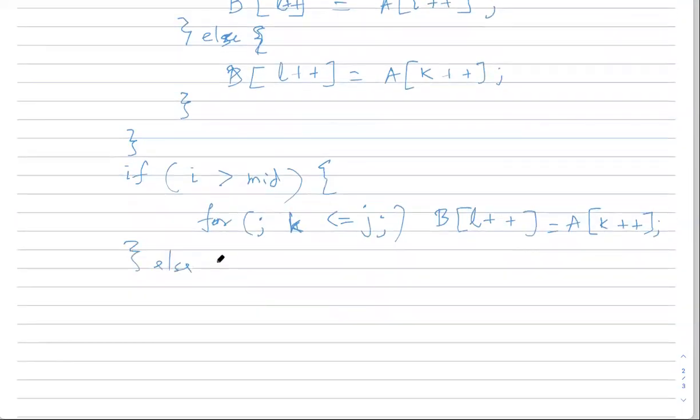Else you have for I less than equal to mid. So this is kind of the remaining entries. You just feed that in. So B of L plus plus equal to A of I plus plus.